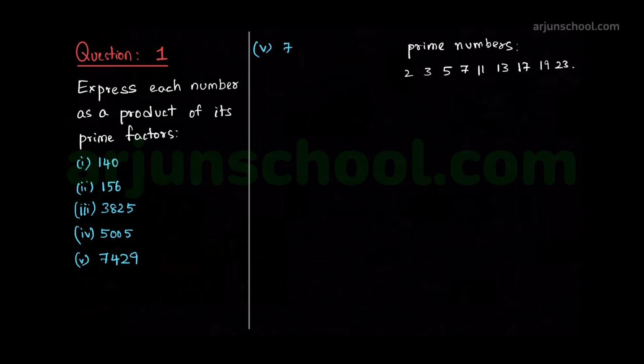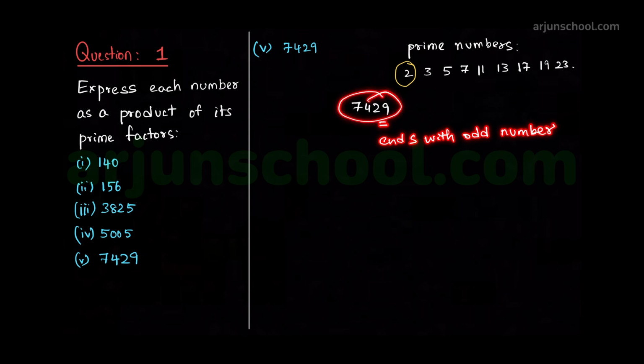Next problem we have 7429. Let us check its divisibility by 2. Since 7429 ends with an odd number, it is not divisible by 2. Let us check its divisibility by 3.